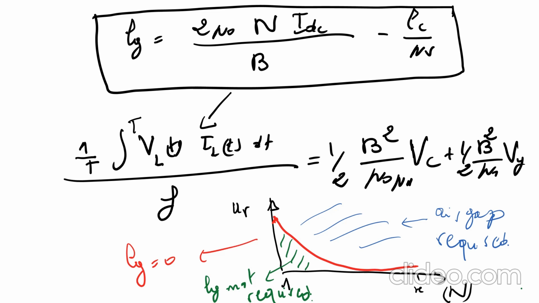The second point I would like to mention here is that from this equation you can know which material requires an air gap and which material does not. So here, if you put the air gap equal to zero, then you can express the permeability as a function of the number of turns, as you can see here in this figure.